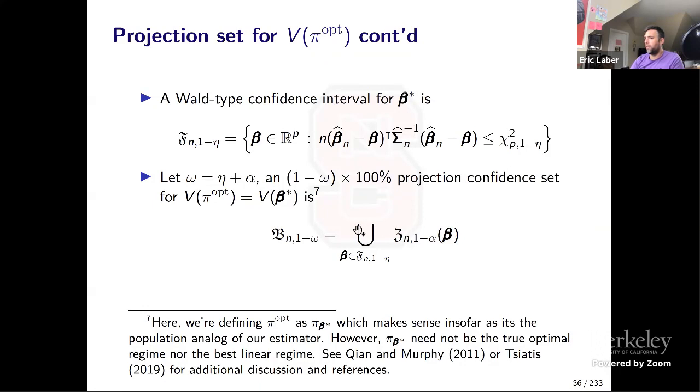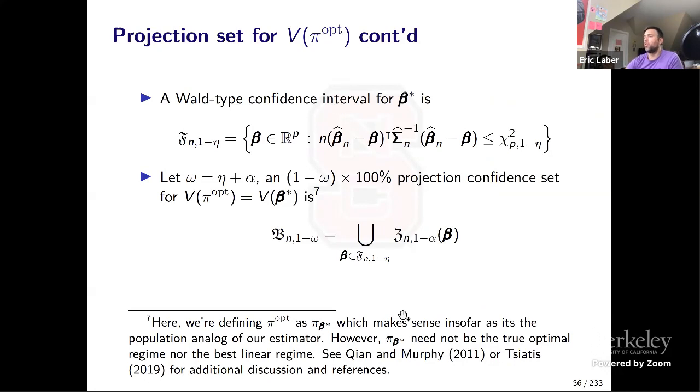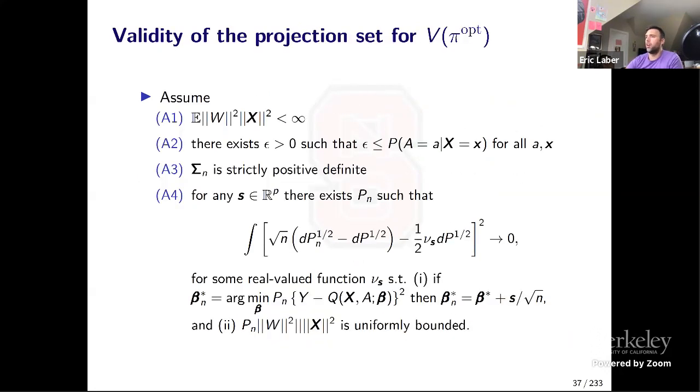So again, this is easy to construct. This is a standard Wald interval. You get these in closed form. And this will have the correct coverage even under a local generative model under some mild assumptions.